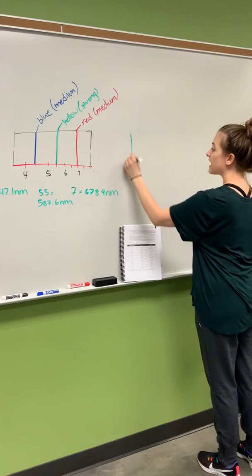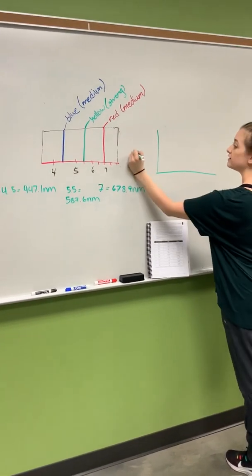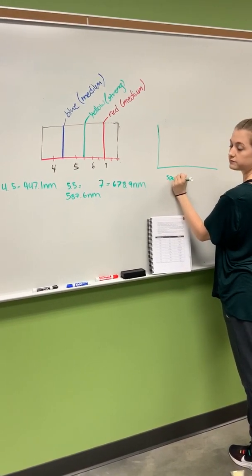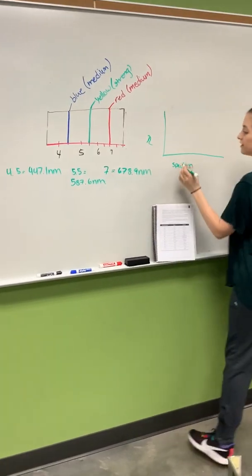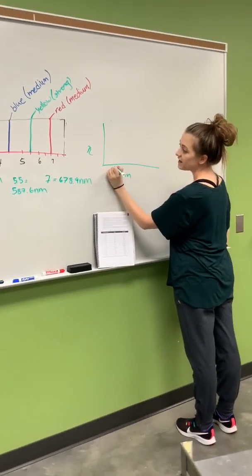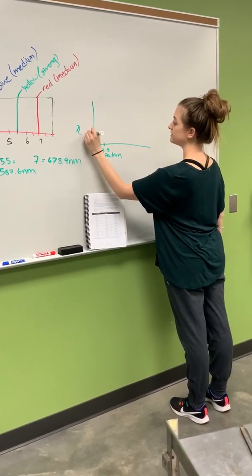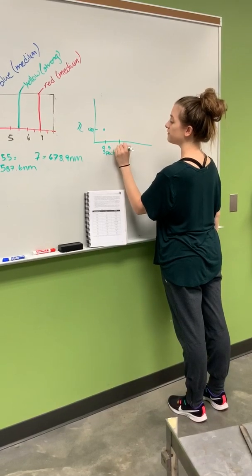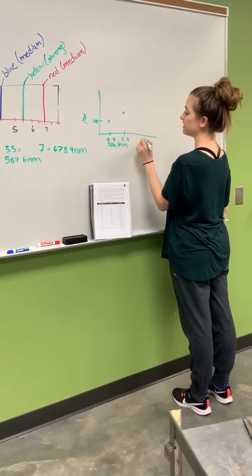You will then use that to make your calibration curve, where you have your spectrum here, and you have your wavelengths over here. So if we said we had 4.5 and we had 447, we would put a point there. 5.5 is going up to 587, let's just say that's here.